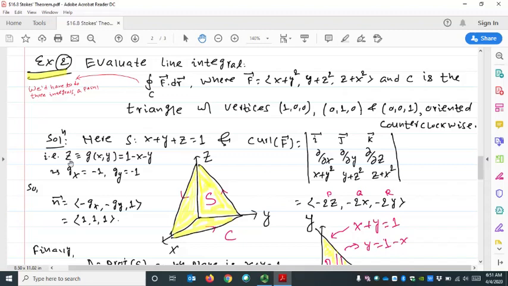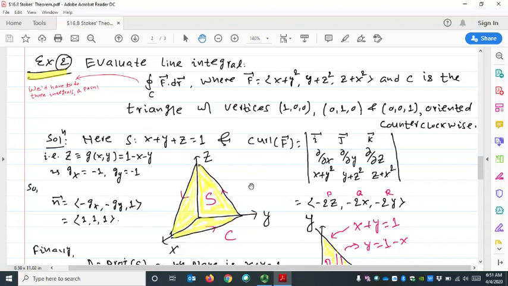Then z equals a function g(x,y) equals 1 minus x minus y. Take the partial derivatives. So g_x is minus 1, g_y is minus 1. Then our normal vector, by definition, equals negative g_x, negative g_y, 1, which is 1, 1, 1.